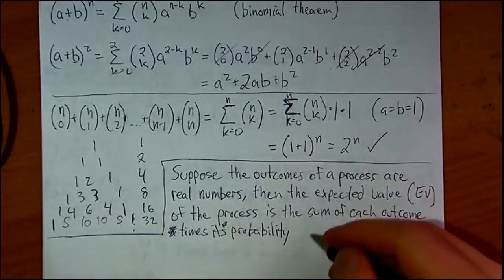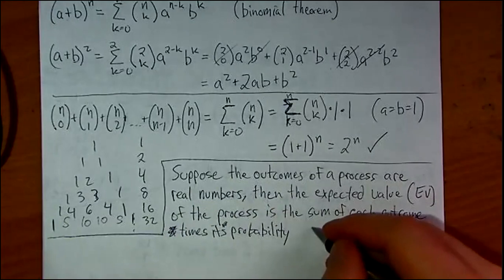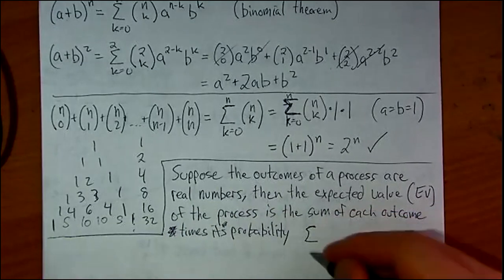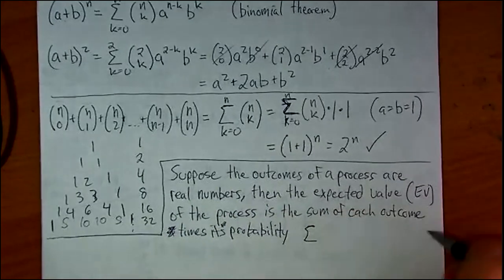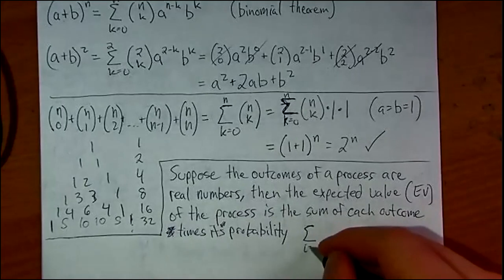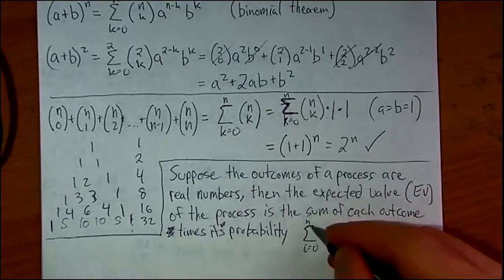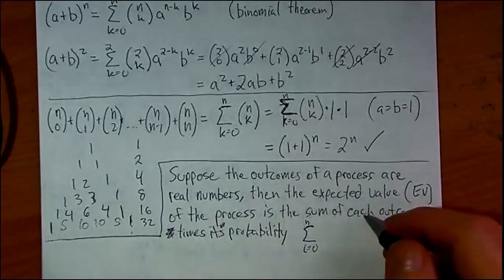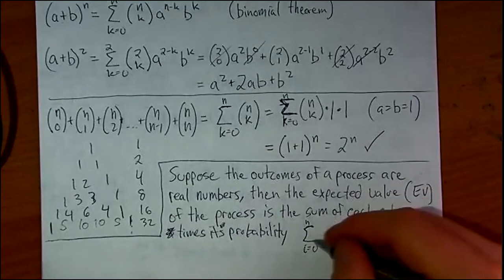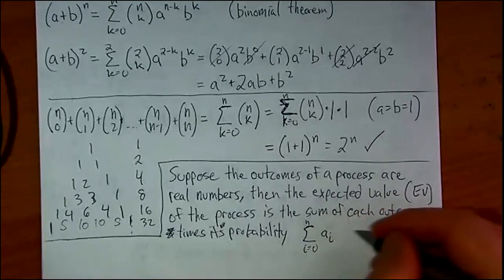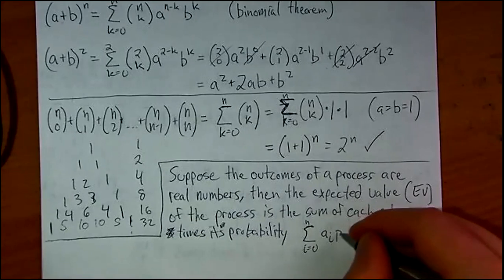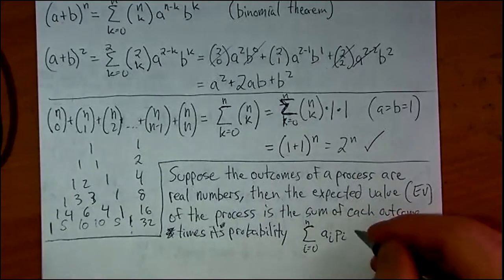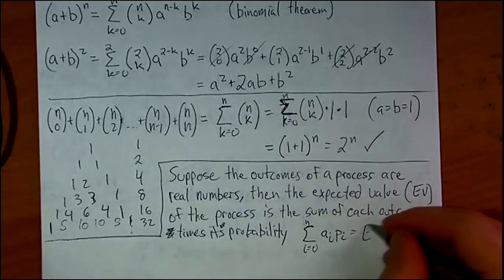In other words, the sum from i equals 0 to n, where there are n possible outcomes, of each outcome, a sub i, times the probability of that outcome happening is equal to the expected value.